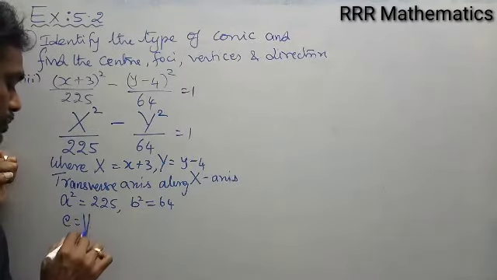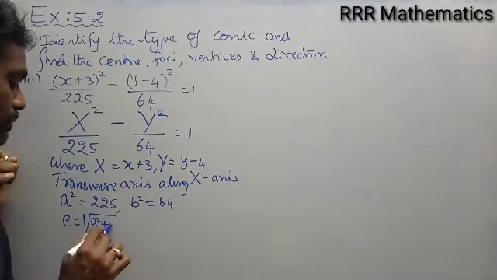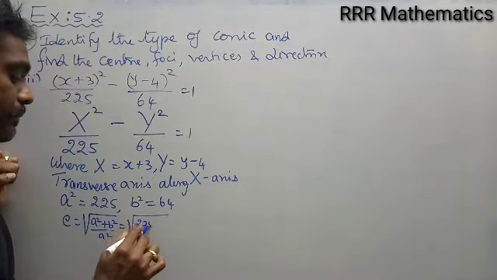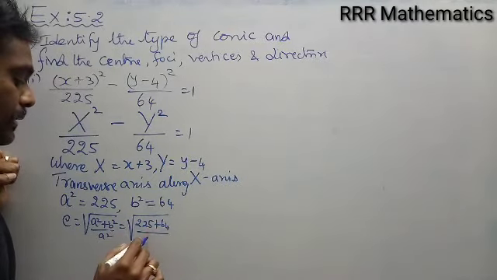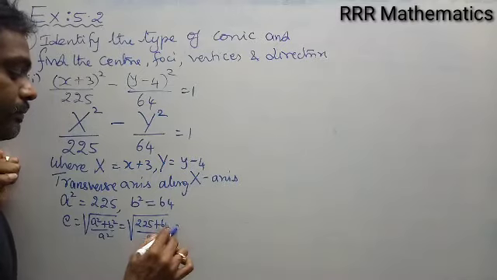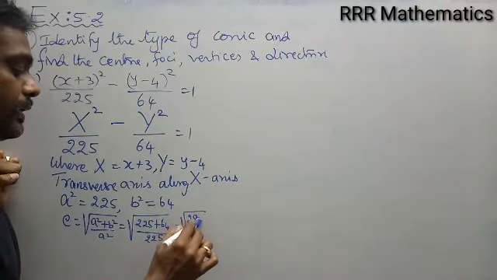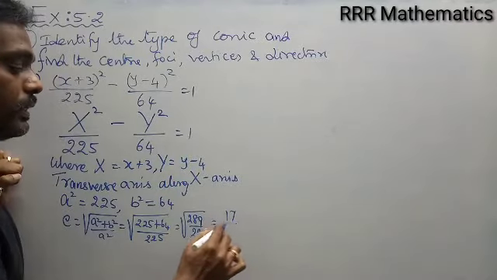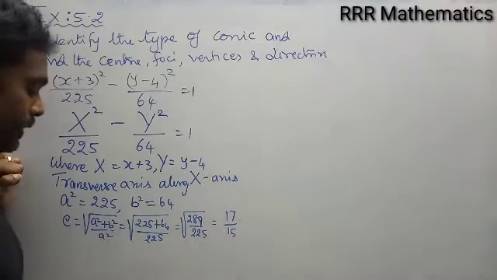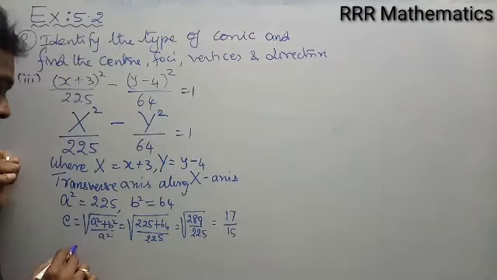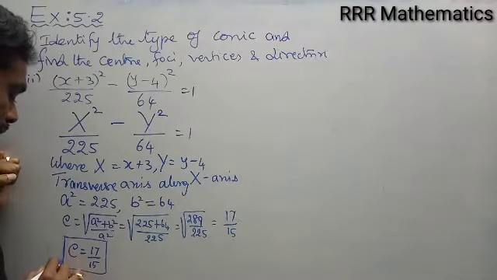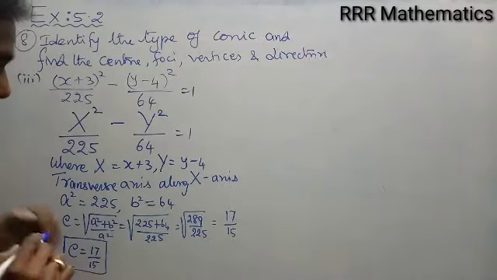E equals square root of (a square plus b square) by a square. It will be (225 plus 64) by 225. The sum will be 289 by 225. After taking the square root, it gives 17 by 15. Therefore, E equals 17 by 15, the value of eccentricity.